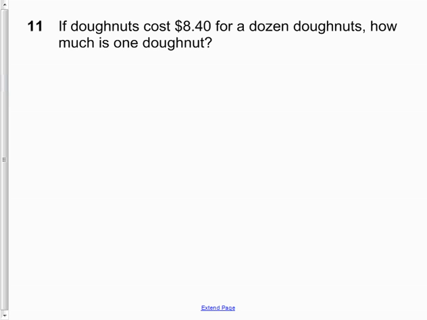Question 11. Okay, so if donuts cost $8.40 for a dozen donuts, how much is one donut? This is actually quite an easy question. We're just looking for a unit rate. So the only problem is a dozen has to be translated into 12. And per one donut, it's simply dividing both by 12 to create the unit rate.